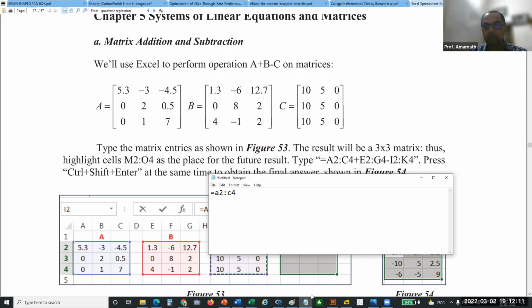to C4 plus E2 to G4 minus I2 colon K4. Then Control. I'll paste this in here. I hope you can also copy paste.